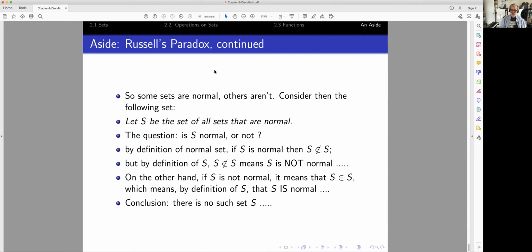If S is not normal, by definition of normal set, S is an element of S. Now you look up what S is. It is the sets which are normal. But I made the assumption that S was not normal. So if S is not normal, it's normal. And if S is normal, it's not normal. In other words, this set S is crap. There's no such, it makes no sense whatsoever. So we've run into a big problem.